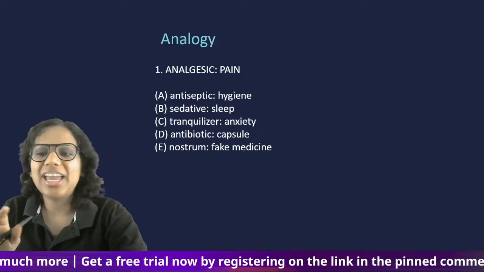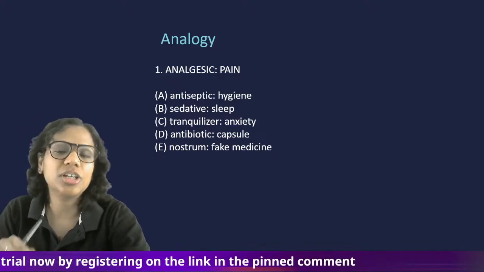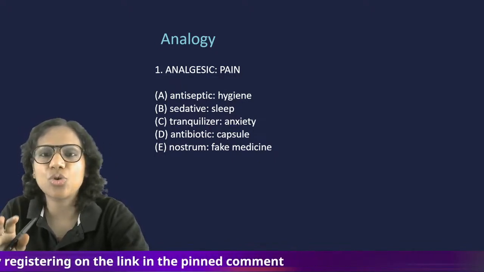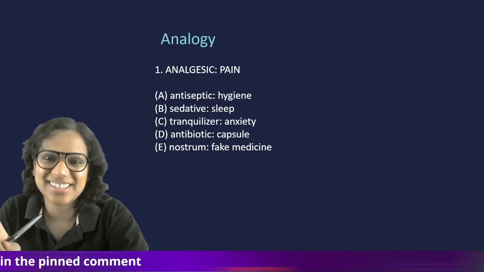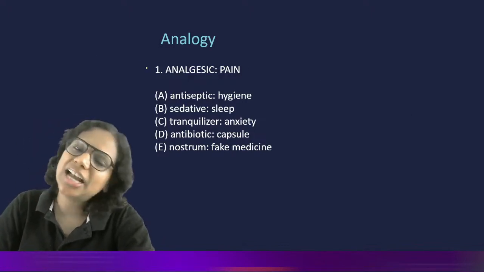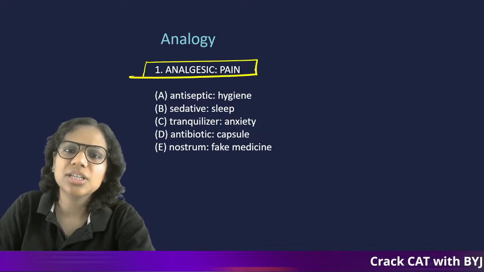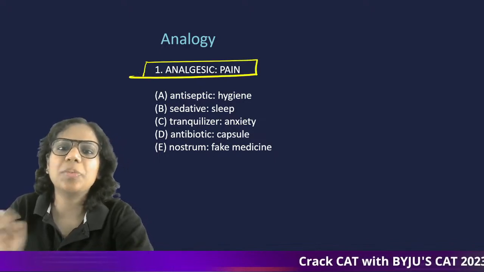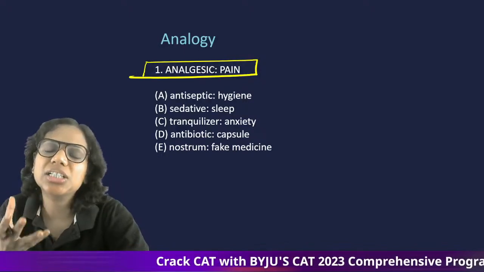Okay. Analogy, a question type again present in NMAT. Last year we saw in one slot there were 8 analogy questions. So that's a lot of analogy questions, right? And XAT can also ask such questions. So tell me, analgesic is to pain. Now, which is a similar pair?